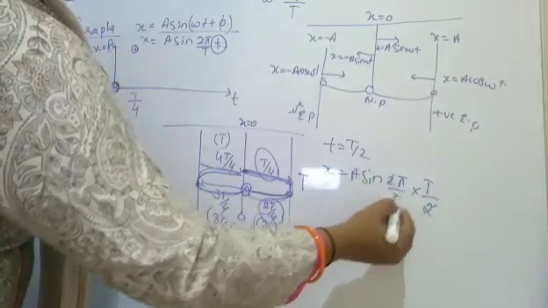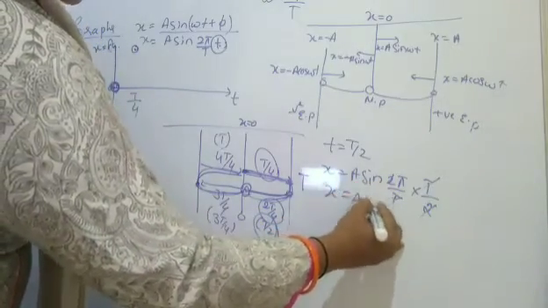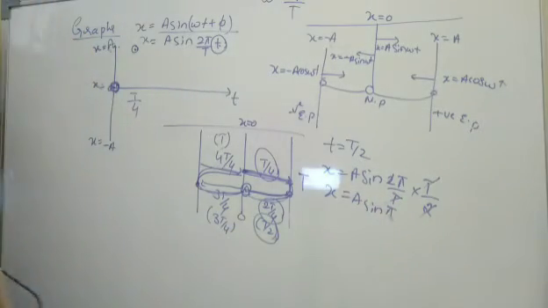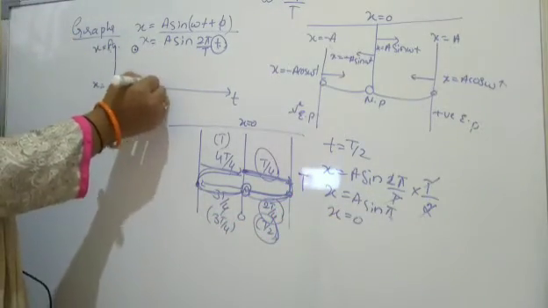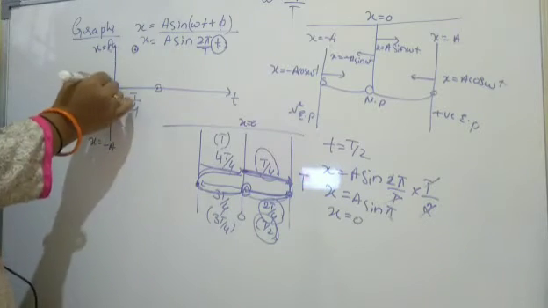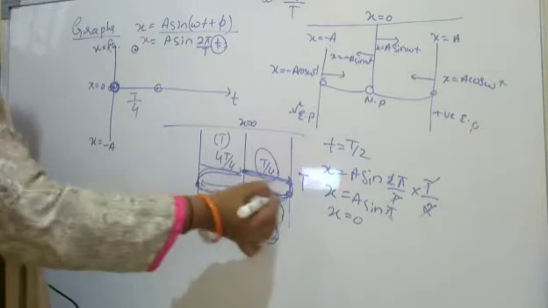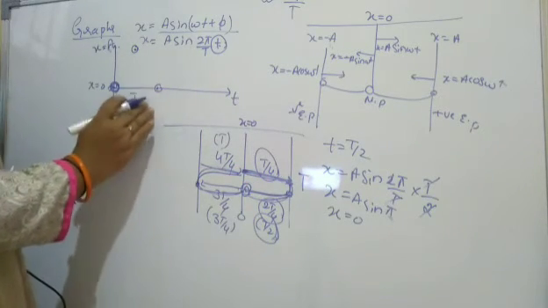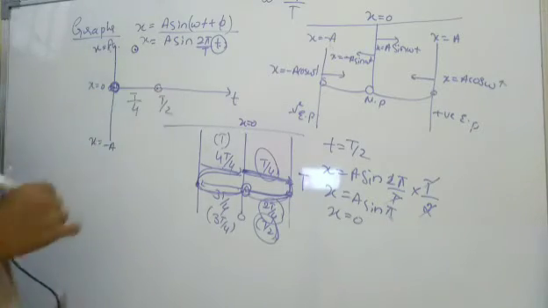The 2 ones are cancelled, T cancels, and it remains x equal to A sin pi. Sin 180 degrees is 0. So it is coming back to the original position, x equal to 0, the mean position. So the body came to the mean position, and this I will call T by 2.